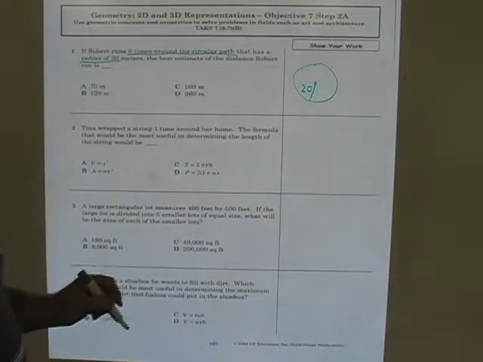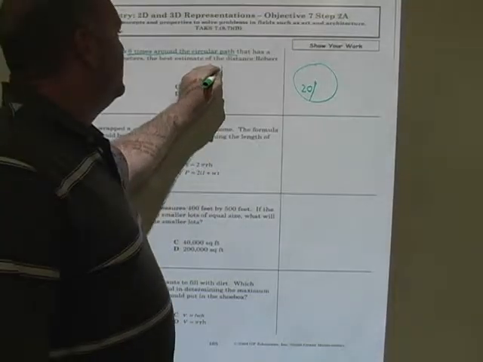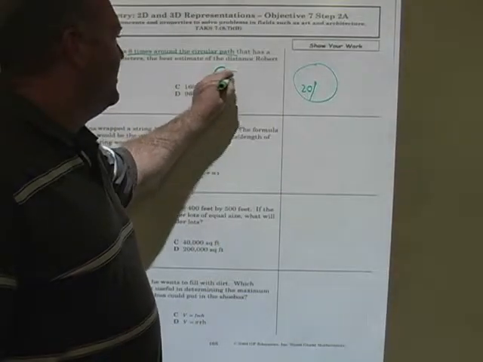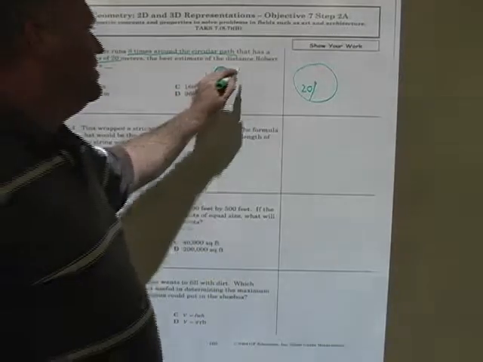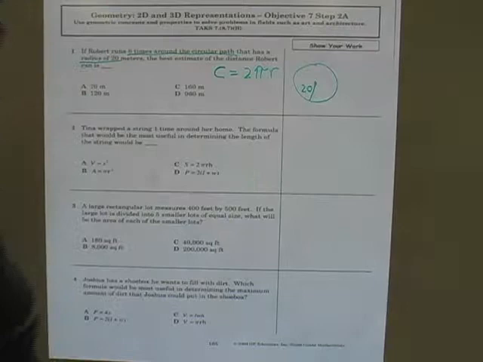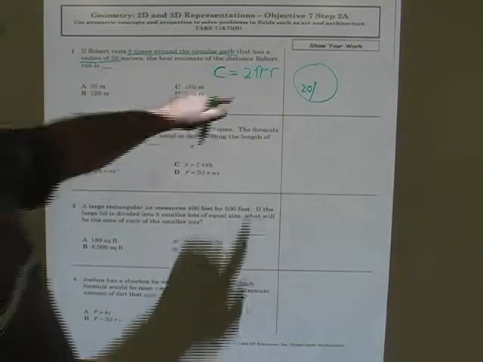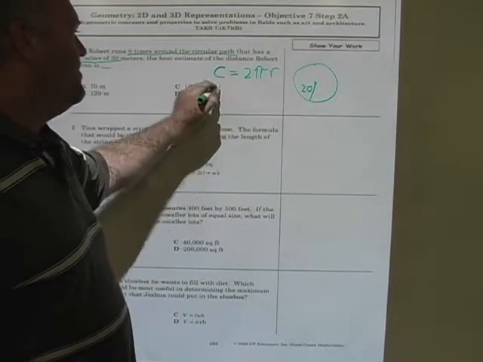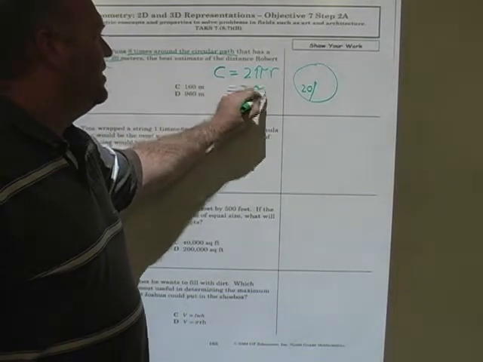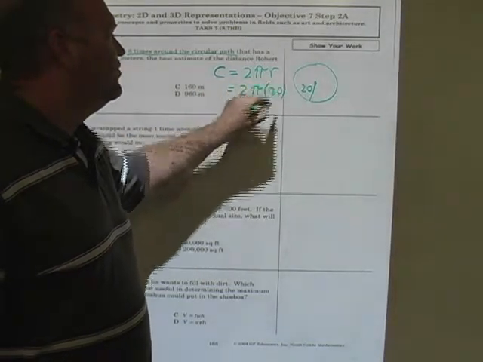Okay. So if we want to find the distance around a circle, we call that the circumference. And the formula is 2 pi r. Well, we know r is 20, so 2 pi 20.